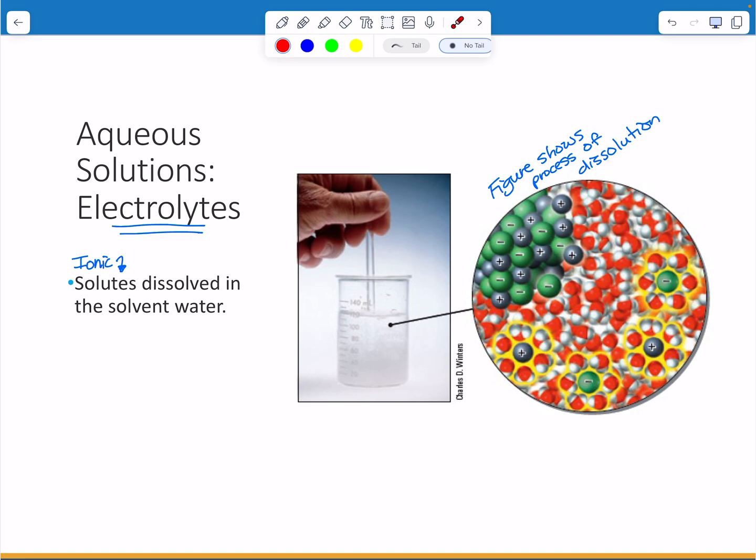And so this is what the salt crystal looks like when we start to put it in the water. Then as it dissolves, the ions get surrounded by water molecules and they separate.